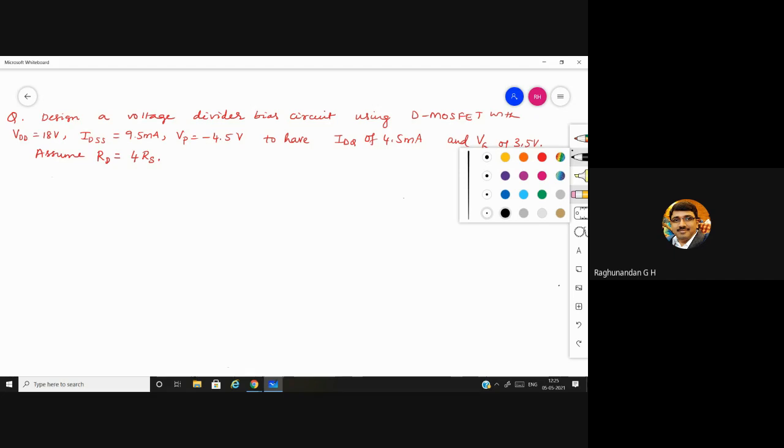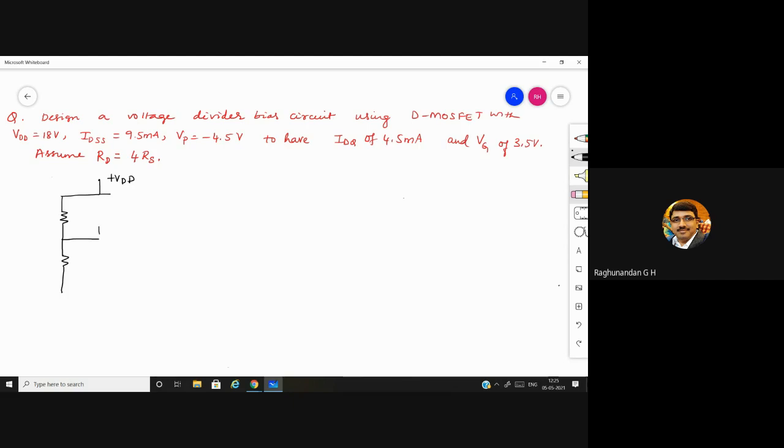Okay, now, so design a voltage divider bias circuit using D-MOSFET, they have given. Voltage divider bias means the first thing that comes to our mind is the voltage divider circuit will be there. So plus VDD here, and a symbol can vary, either this symbol or the other symbol can be given.